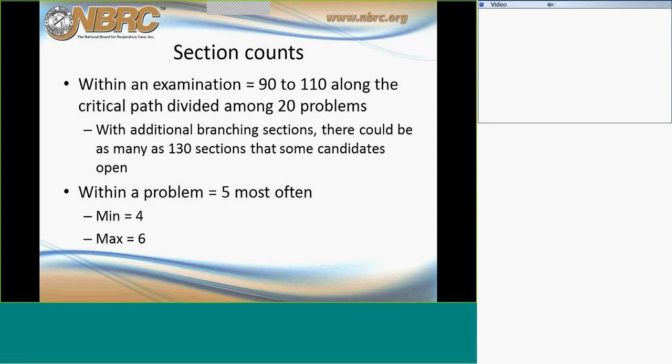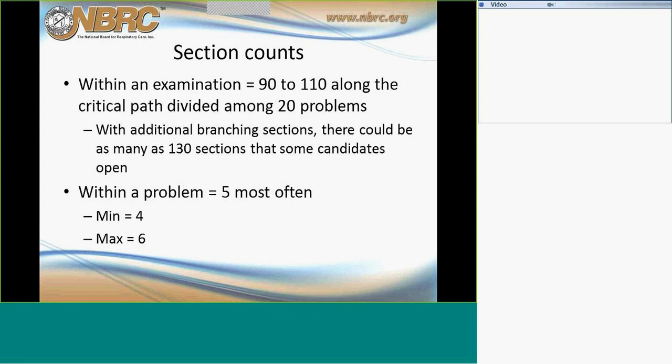And I'll explain more about what the critical path is, but essentially if an individual makes no mistakes while moving through sections of problems, then he or she will have followed what is called the critical path within a problem. There can be additional branching sections that can add to the length for a given test taker.